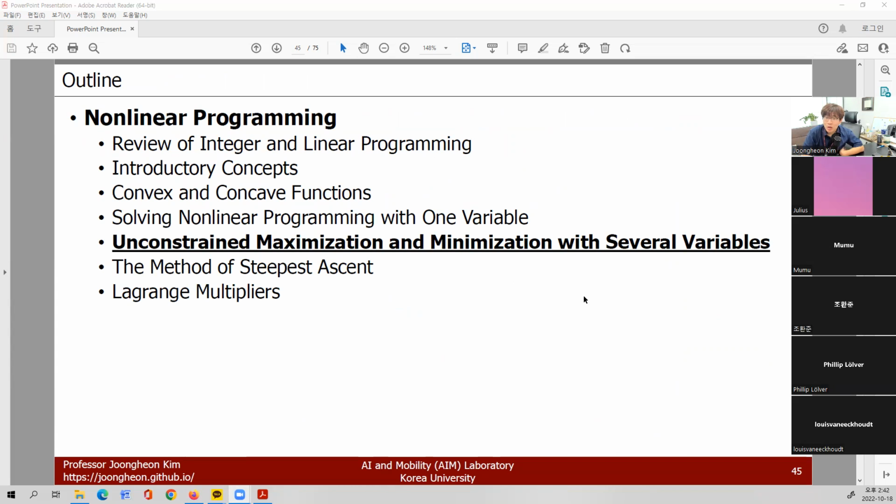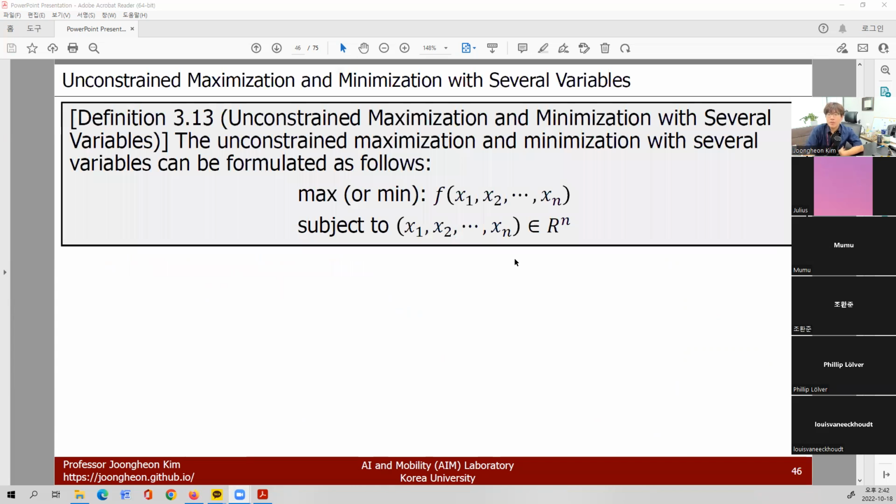Now we will go to unconstrained optimization with several variables. It's very important for us, so we're going to walk through this one in more detail. Okay. So we want to solve the problem of maximization or minimization of this given function. And this is unconstrained, which means that we have no constraints.